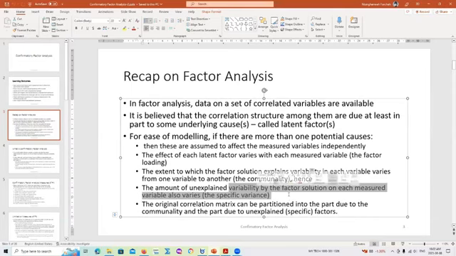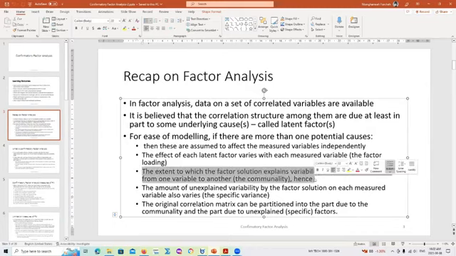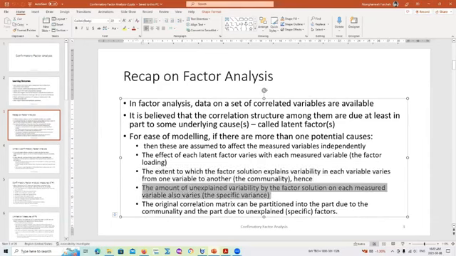So this is like partitioning the variance in our outcome variable into the variance explained by the model and the variance not explained by the model, which we normally call residual variance. The original correlation matrix can be partitioned into the part due to the communality and the part due to the unexplained specific variances.